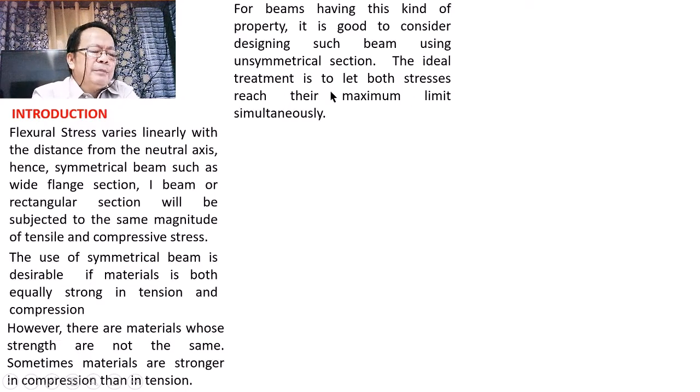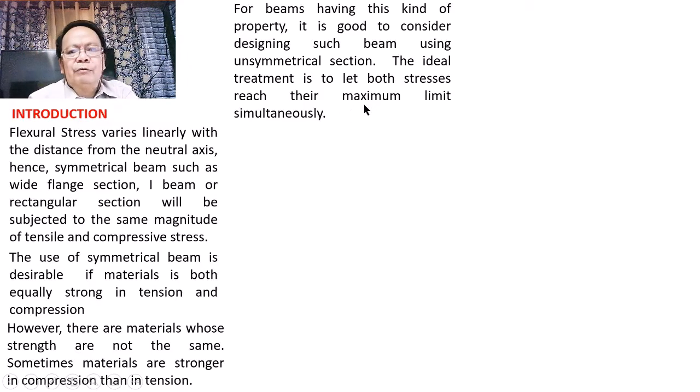Ang ideal treatment is to let both the stresses reach their maximum limit simultaneously. Para nagiging economical siya. Kasi if we shall be able to maximize their capacity, then our section becomes economical. And we can maximize them if we will be allowing that their limits shall be reached at the same time.